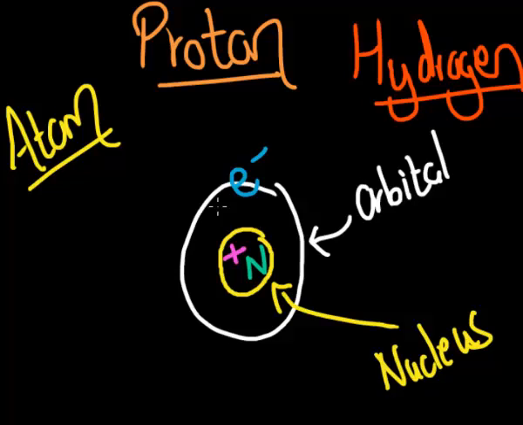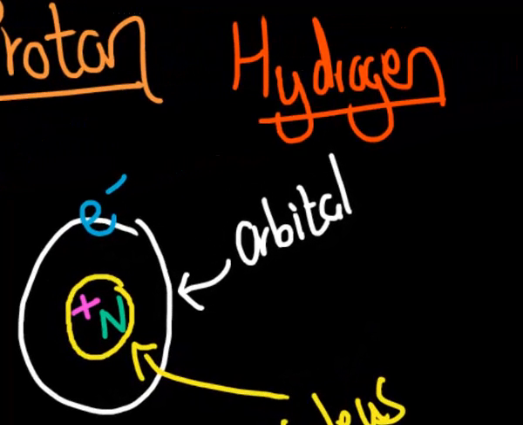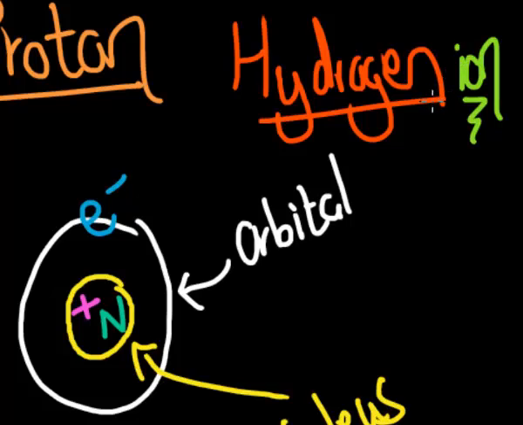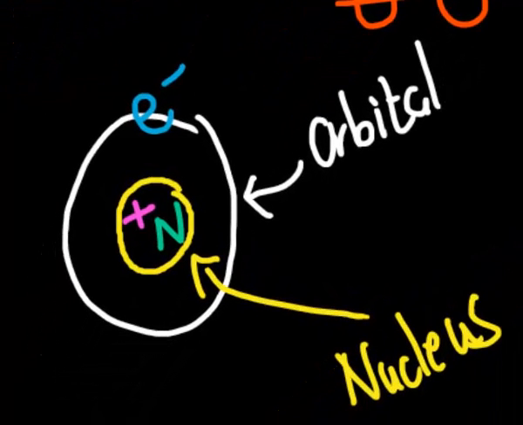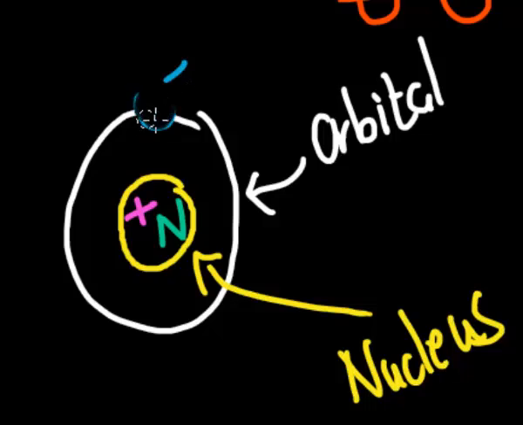If though this becomes a hydrogen ion, then it means it has lost an electron, as we've seen in our previous definition of the Lewis acids and bases. So that would mean our little electron that was here in the orbital is now removed, and the only thing that we've got left inside of this nucleus is basically the proton and the neutron. But because the neutron doesn't have any charge, the atom becomes positively charged.